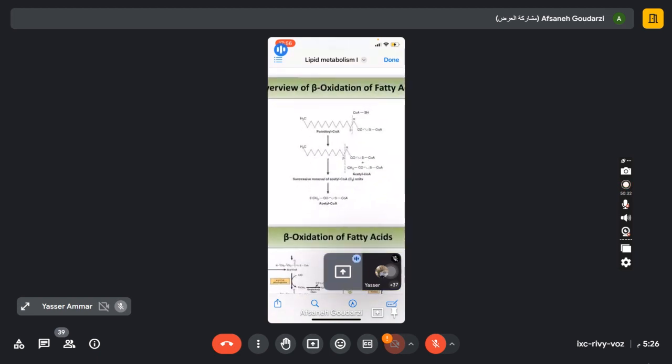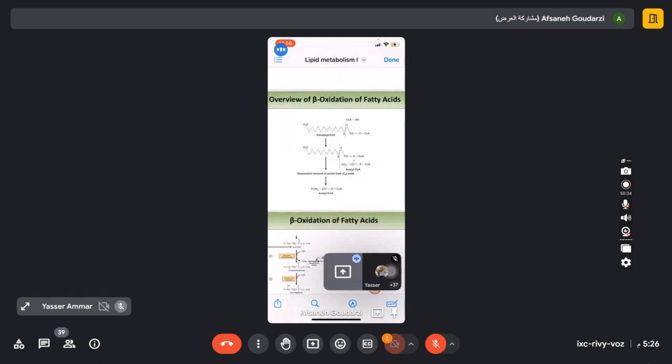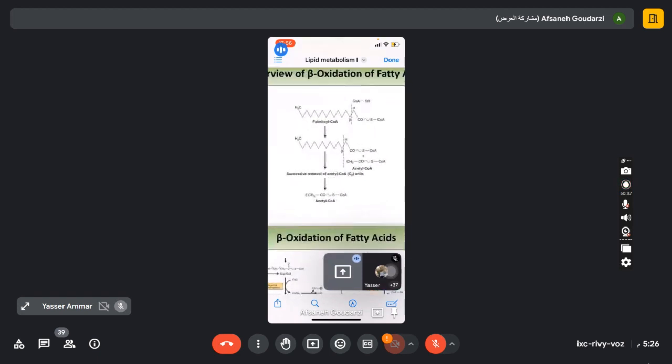And if I want to give you another overview of beta oxidation, here you see, for example, we have palmitoyl-CoA. The palmitoyl-CoA has 16 carbons. Beta oxidation, you see, breaks the linkage between carbon alpha and beta. So one acetyl-CoA is removed, then it continues by removal of another acetyl-CoA.